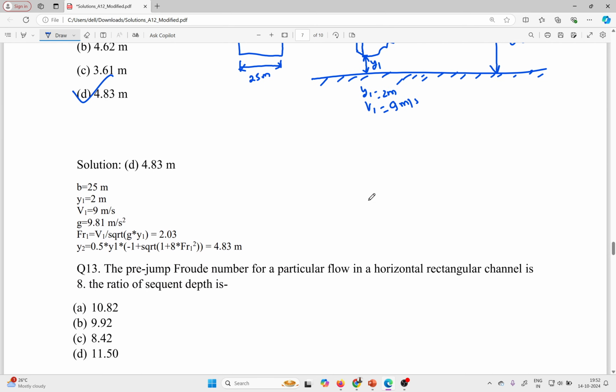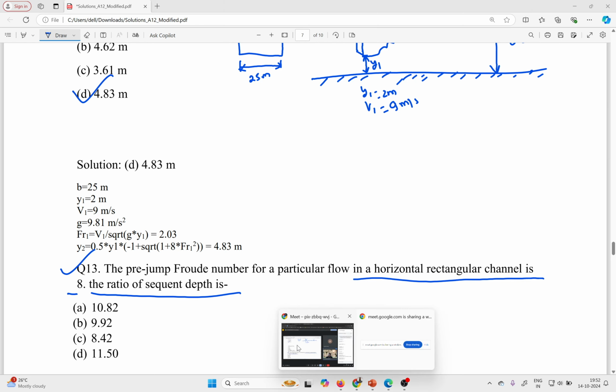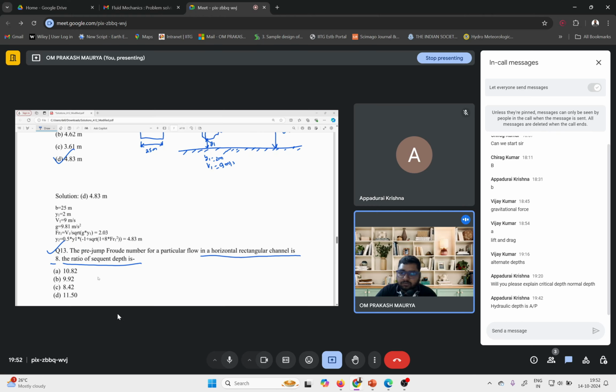Now we'll move on to question number 13. The pre-jump Froude number for a particular flow in a horizontal rectangular channel is 8. What is the ratio of the sequent depths? Same formula you can utilize. Within 1-2 minutes, if possible, please try to give your answer.